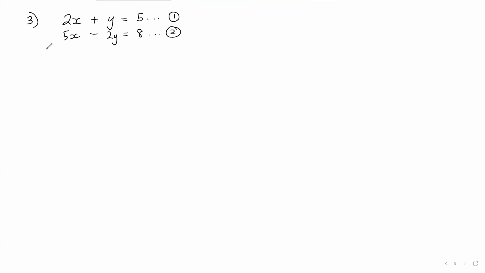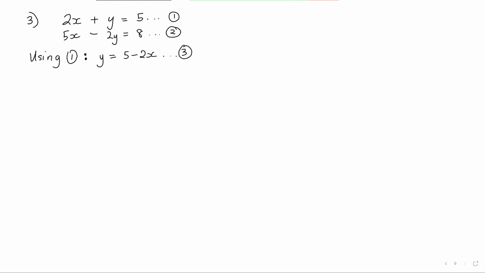Now, if that's the case, I will write, using equation 1, y is equal to 5 take away 2x, because this is plus 2x here. So if I move it to the other side, it will become minus 2x. So this is my equation 3.